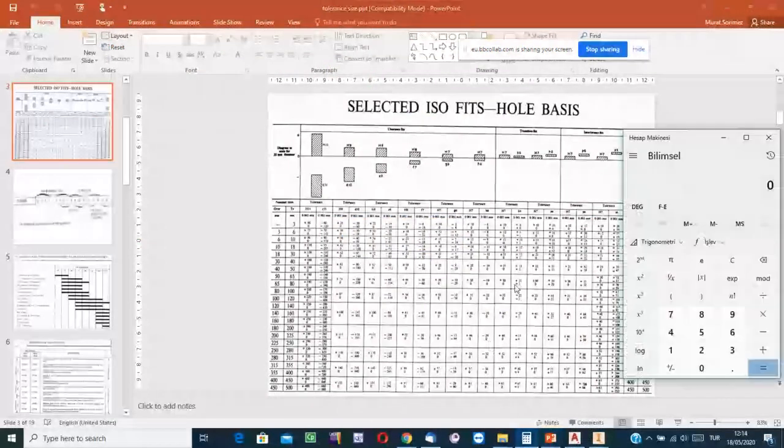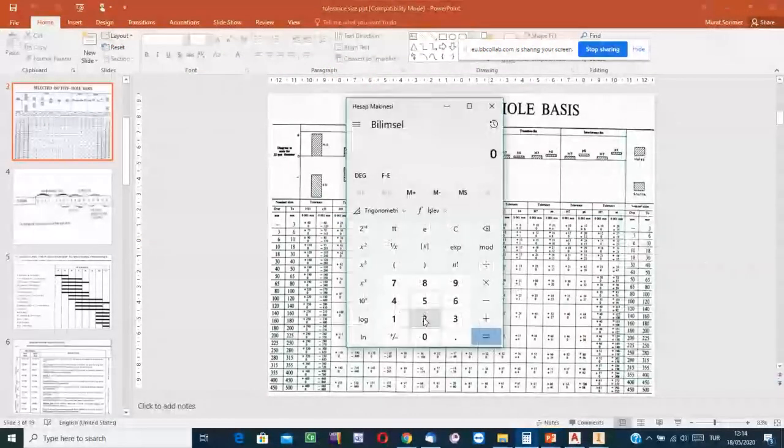Actually, I forgot the number, but try 30 minus 0.41. Sorry, corrected: 30 minus 0.041.